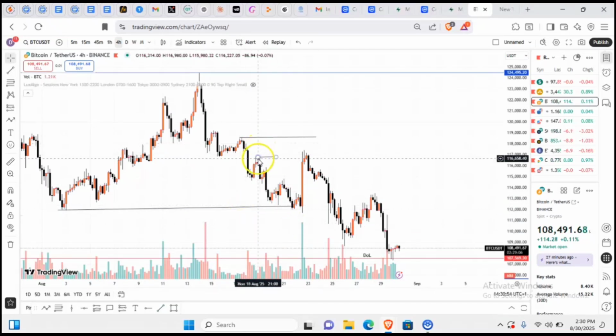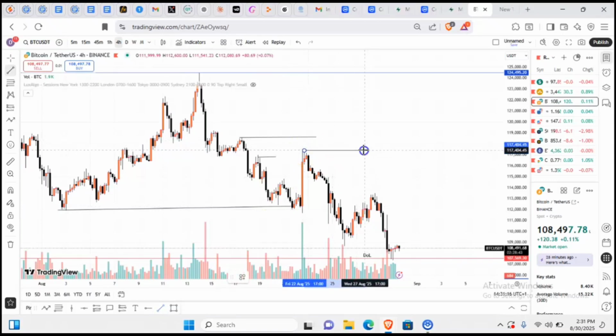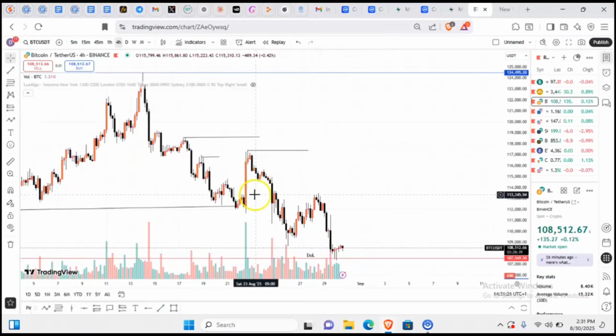Price came down to this level, took out this inducement, and created a new low. Okay, so because price has taken out this inducement and maintained this high and created a new low, this becomes our new high, which is protected. And then what else do you notice? Price created another equal low here.